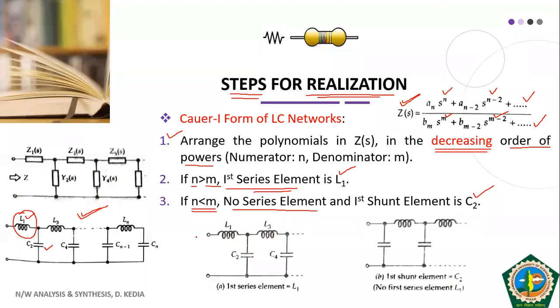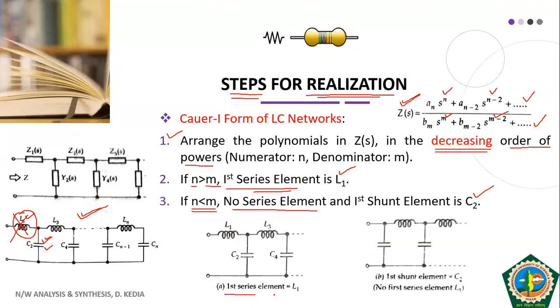On the other hand, if the numerator has a power lesser than the denominator, then the inductor will not be present, and the first element will be a capacitor.